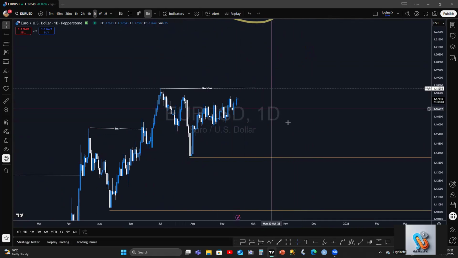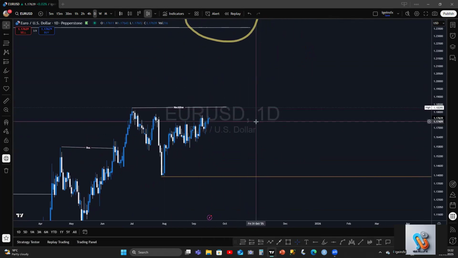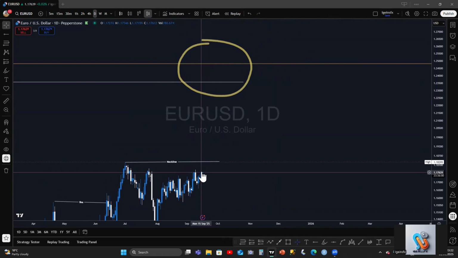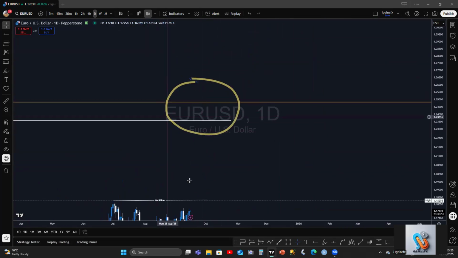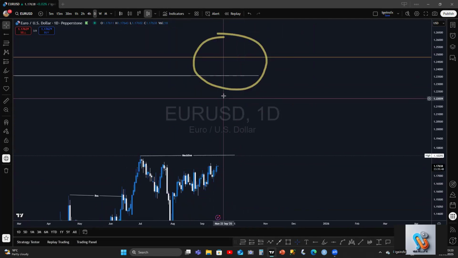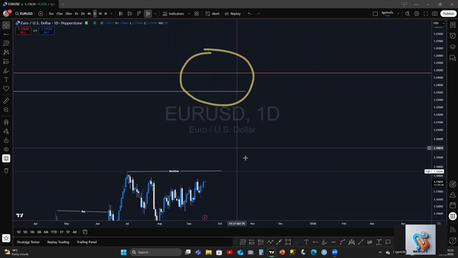All right, so it has already started pushing to the upside. Now we need price to push, clearing this place, using this place as liquidity to facilitate the movement to the upside. And I know that price is headed to this point.